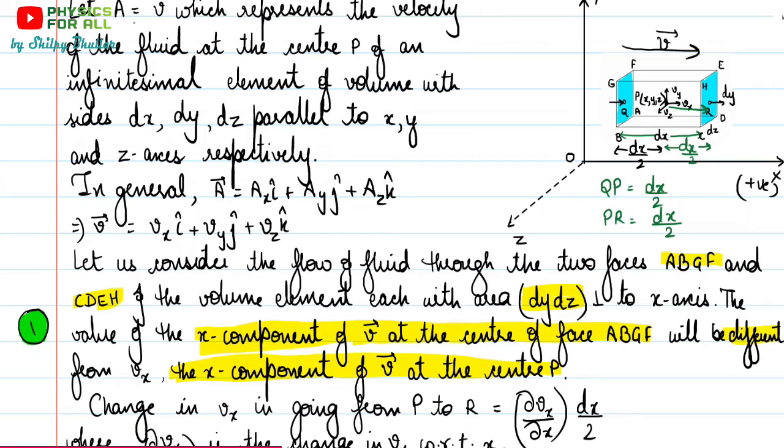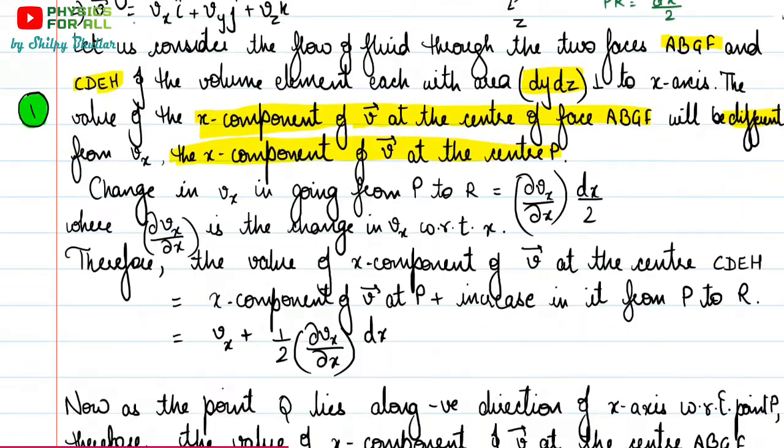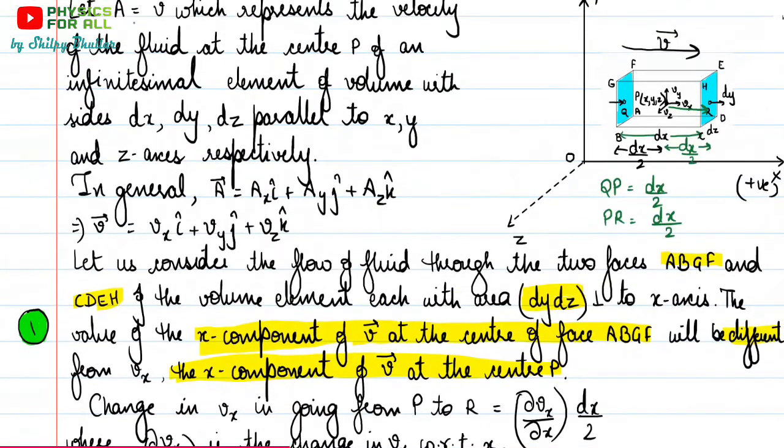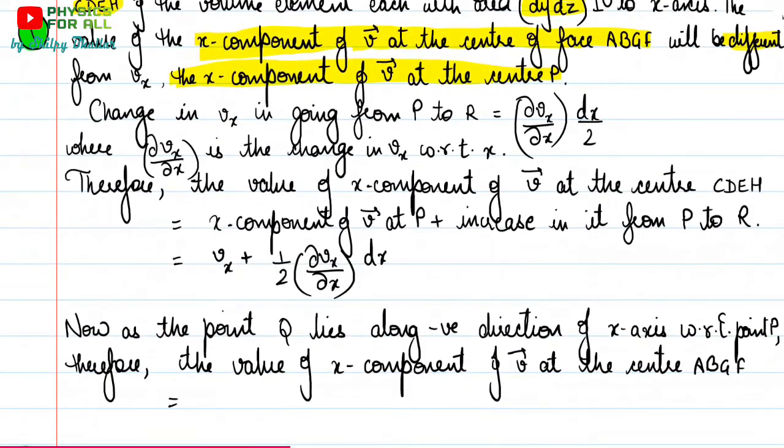As we have found the value of Vx at R by using the value at P, in the same way we can find the value at Q also. The only difference is that Q lies along the negative direction of the x-axis with respect to point P. With respect to point P is important.